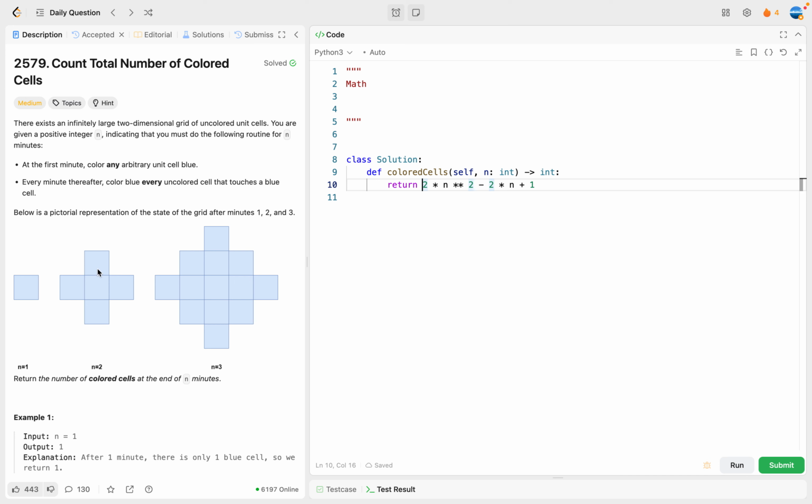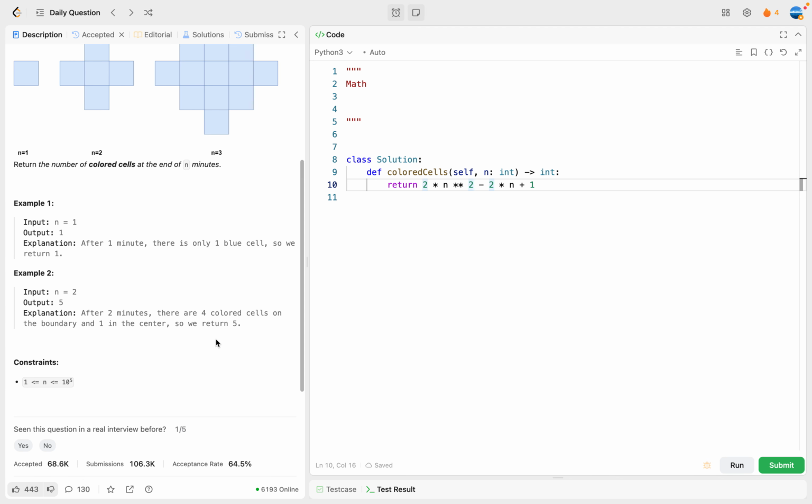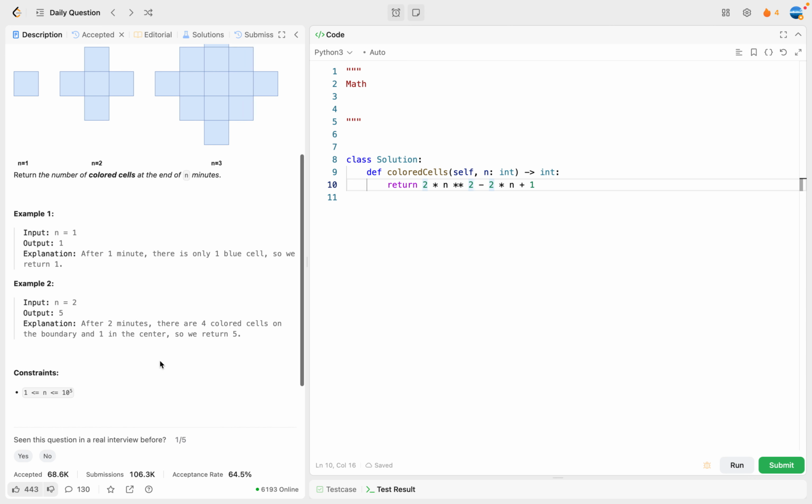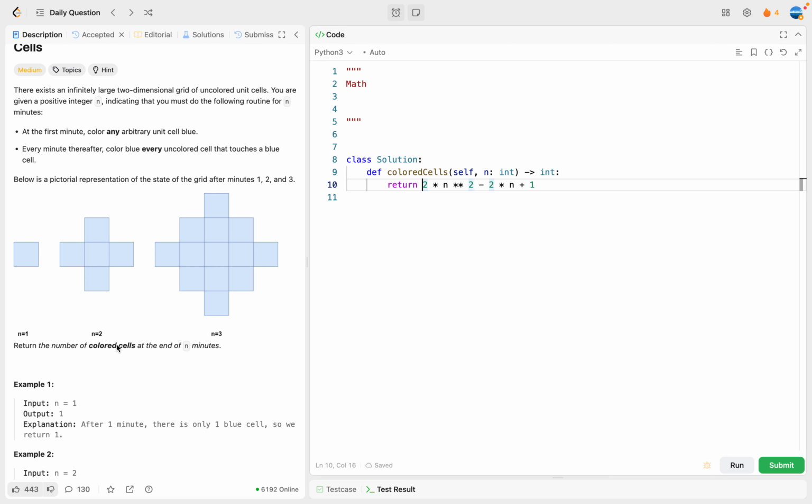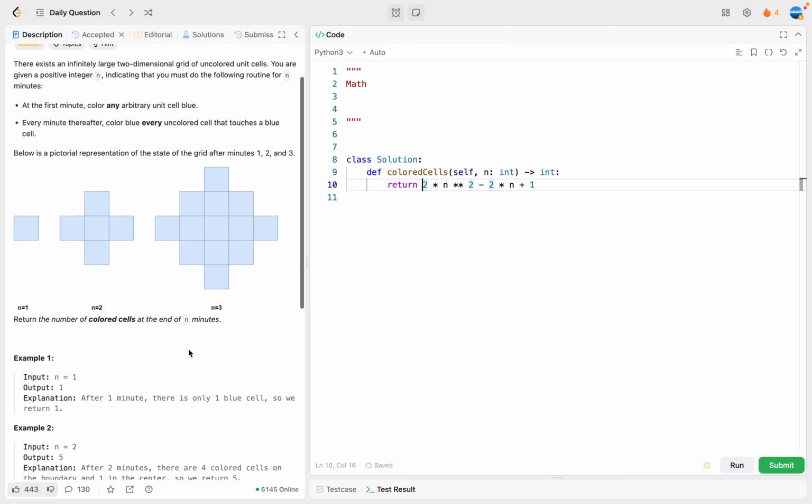If you look at n equals 1, it's just 1, and then there are 4, so you get 5, and this one you get 13, right? What we want to return is the number of colored cells at the end of n minutes.